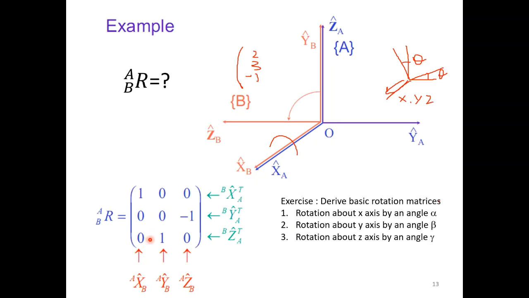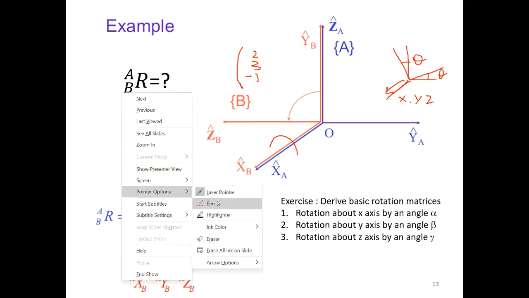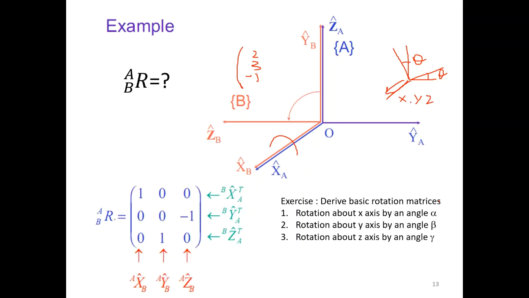Now, we have given the label for this rotation as ABR, but to be precise, a more correct representation is that it is a rotation matrix. Let's call it ROT, rotation matrix.